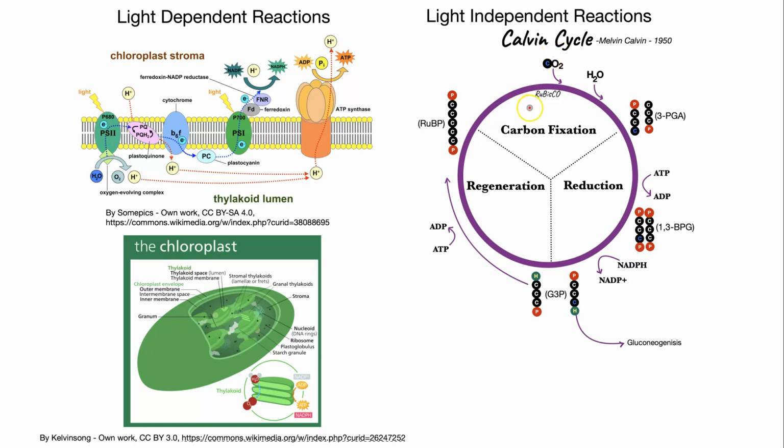It's an amazing process: we're going to take CO2 from the air and combine it with RuBP, or ribulose bisphosphate, a 5-carbon compound. If you notice, there are 5 carbons here, and these 5 carbons are going to combine with this carbon to make a 6-carbon molecule, and that's going to break apart into two 3-PGAs, with some ATP.